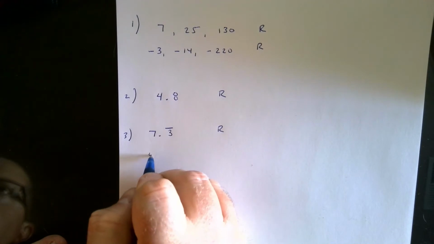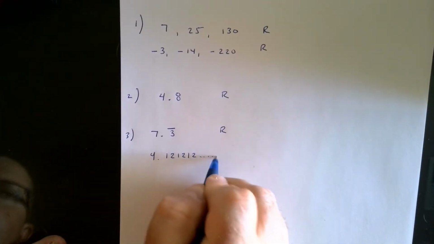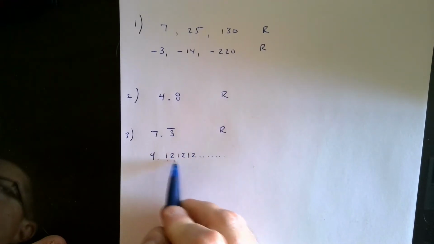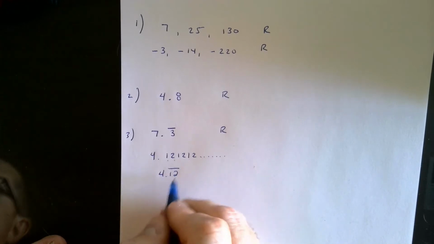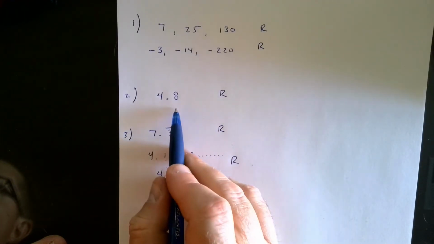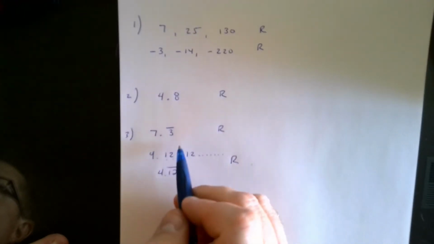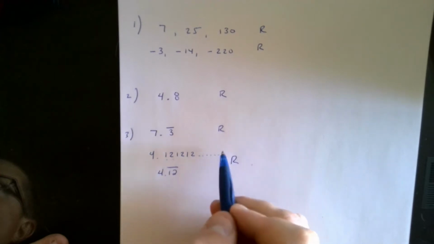So if we had 4.121212..., the 12 is really repeating. So that's 4.12 with the bar over it. That is still rational. So on decimals, if they terminate or if the decimal repeats, it is still rational.